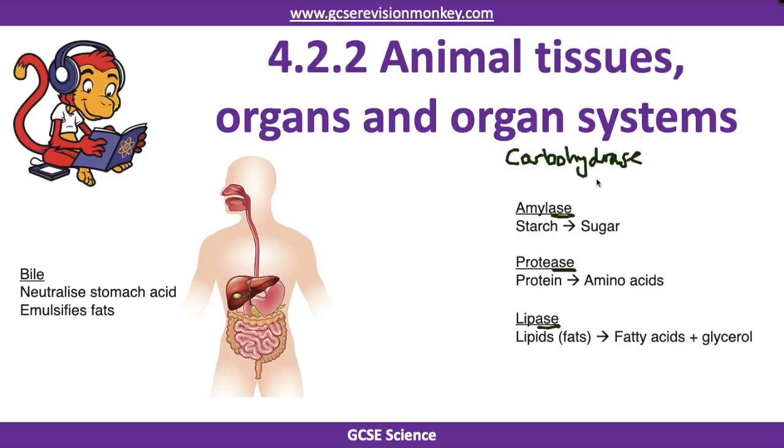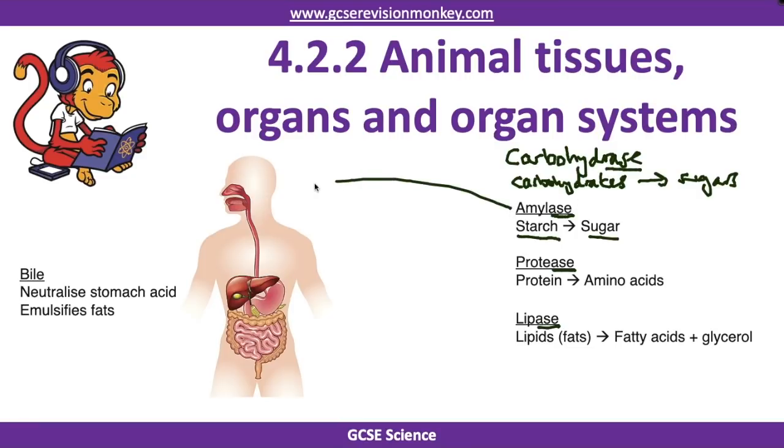A carbohydrase is any enzyme that breaks down carbohydrates into sugars. The particular one that you'll see talked about most in the exam is amylase, which breaks down starch into sugar. Carbohydrases break down any carbohydrates into sugars, and amylase is just a particular carbohydrase.